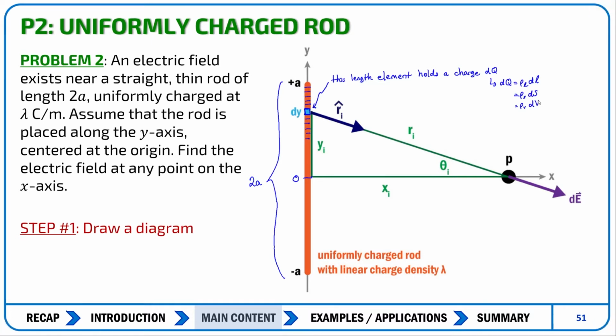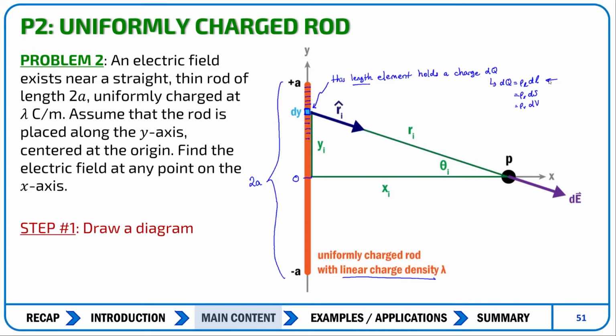Now the important thing here is which one do we choose? We know that we have a differential length element, and we know that it is a linear charge density. So the one that makes sense is this one. So when you're trying to pick which dq to use, make sure you pick the correct one.